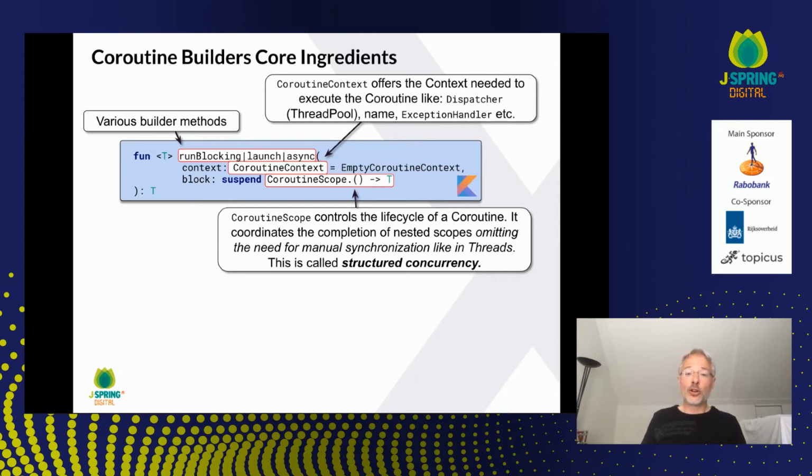What does the coroutine scope do? It coordinates the completion of many different scopes. You can have a parent scope, nested scopes, child scopes, even a considerable amount of nested scopes, and all their completions are managed by this scoping. This is beautiful because then you as a programmer do not have to do synchronization manually, which is quite hard when you look at threads.